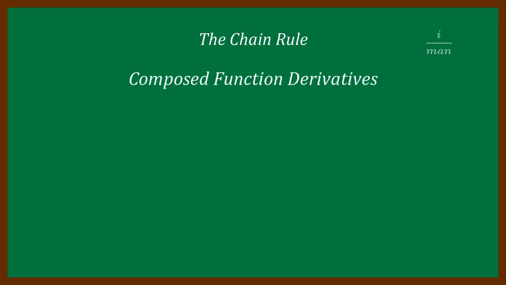So now let's talk about the derivatives of composed functions. Now that we know what a composed function is, let's take derivatives of those functions using the chain rule. The chain rule says that if f of g of x is a composed function, then its derivative is f prime of g times g prime of x.